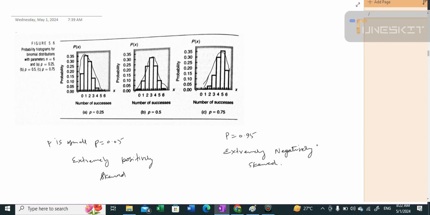Since the binomial distribution then follows perfect symmetry, looking like a bell-shaped curve, if we superimpose a curve on this histogram in which probabilities are given as 0.5, we can see that it follows a bell-shaped curve.